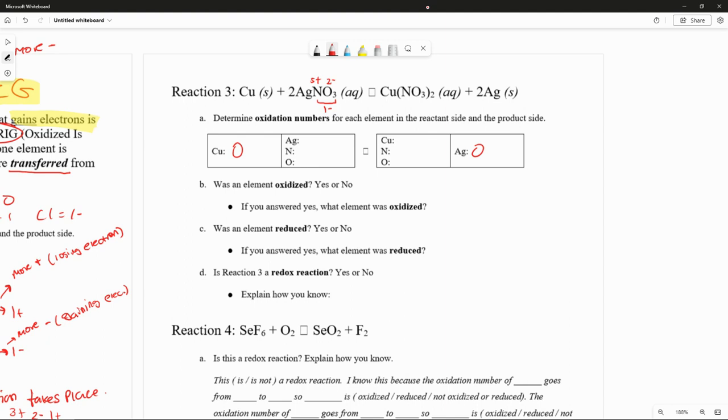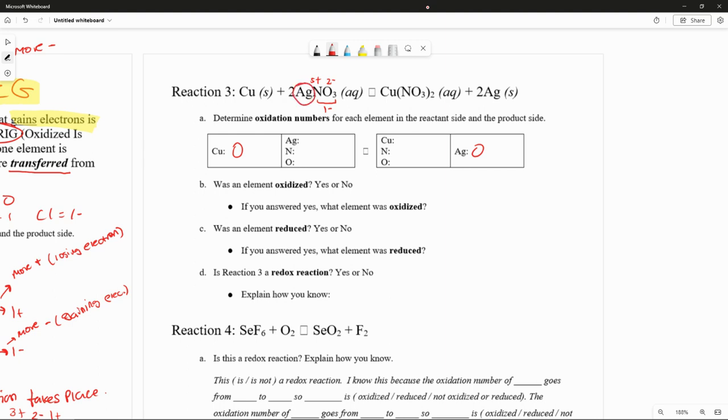Taking a look at Ag, we know that this whole NO3 is -1, and we have one Ag up here. We can ignore the coefficient because we're only looking at one mole worth of compound, since it does not matter for oxidation numbers how many of there are. We are looking at just one basic part of it.